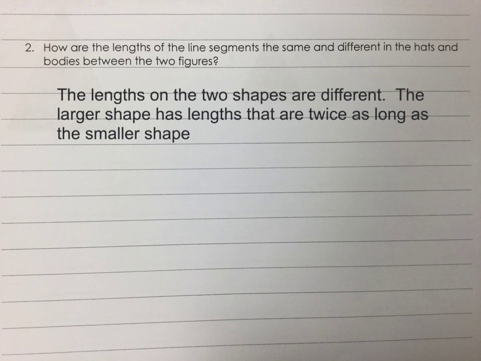So the lengths from the smaller shape to the larger shape are double the size. With the shorter side of the rectangle, the larger rectangle has a length of 18 and the smaller rectangle has a length of 9. So to go from smaller to larger, you have to double the size.